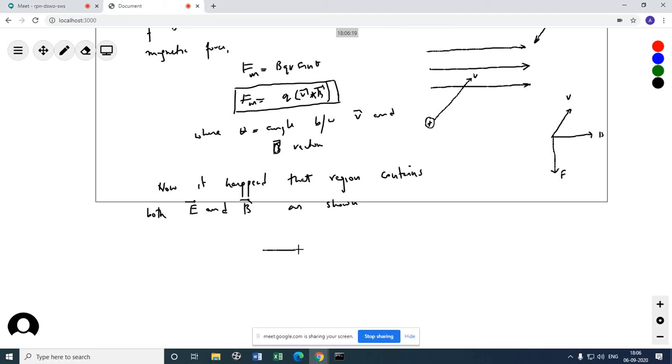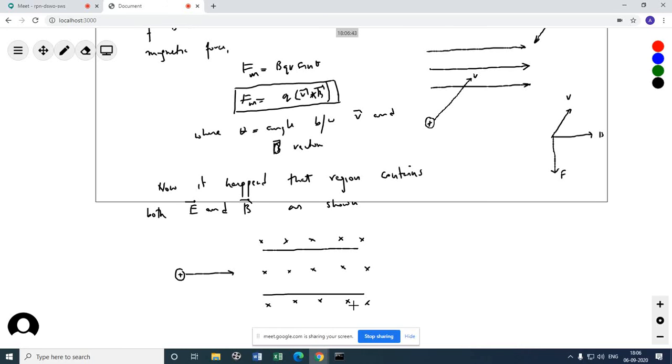So if this is the plate, and here is a charged particle coming towards this way, and the cross represents that the magnetic field is going into the plane of the paper, right?